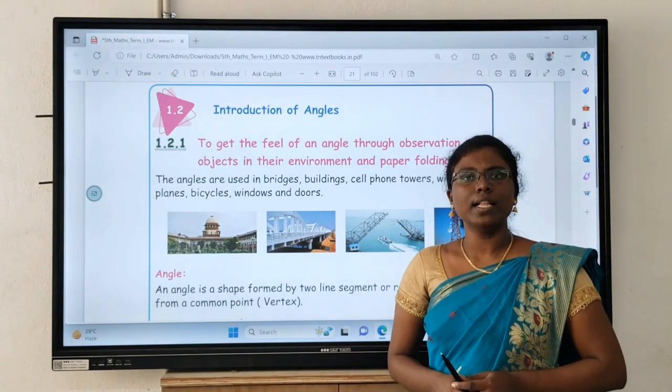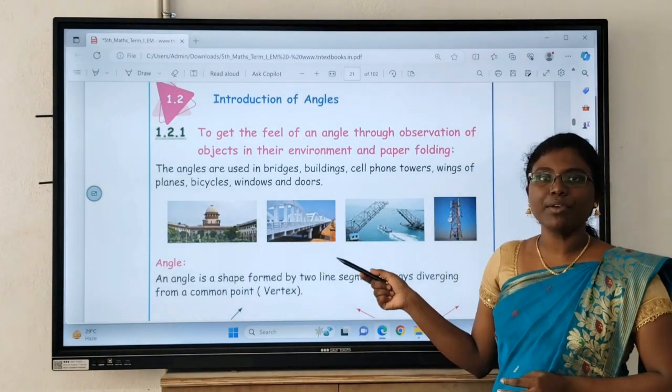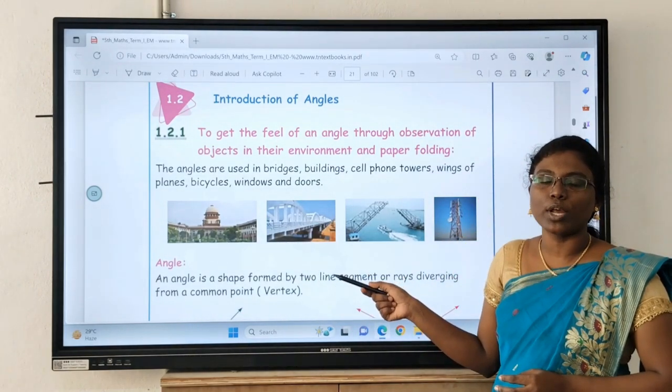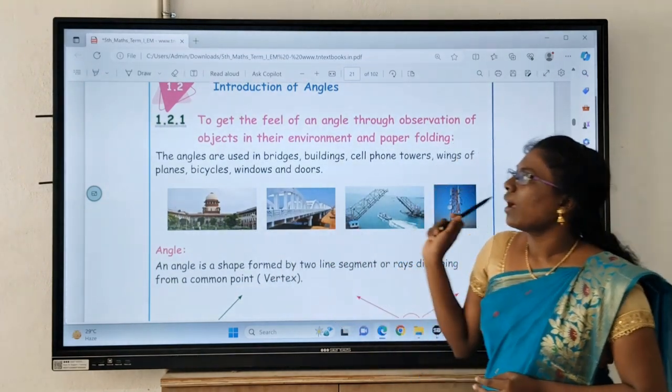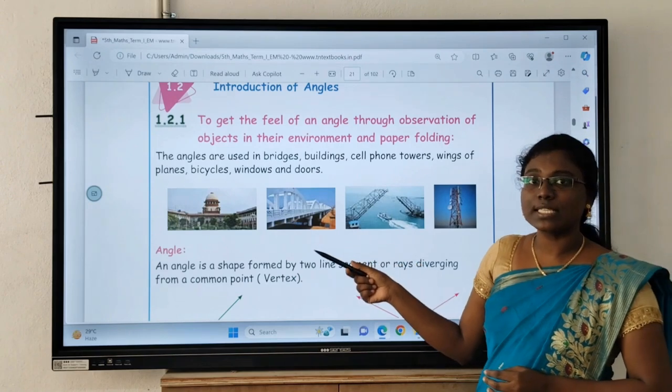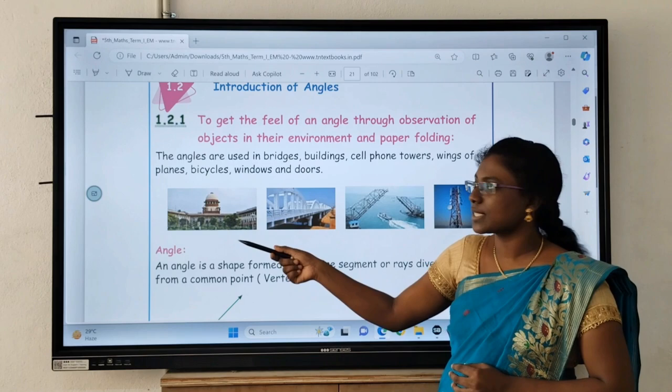Okay, what is an angle? Here in your book they have given some examples of an angle. First one, bridges. In the bridges you can see some angles.